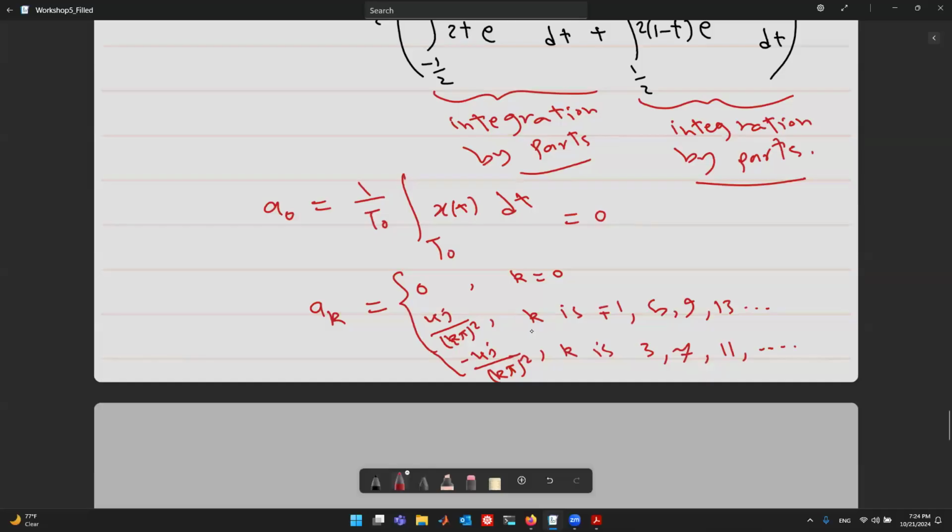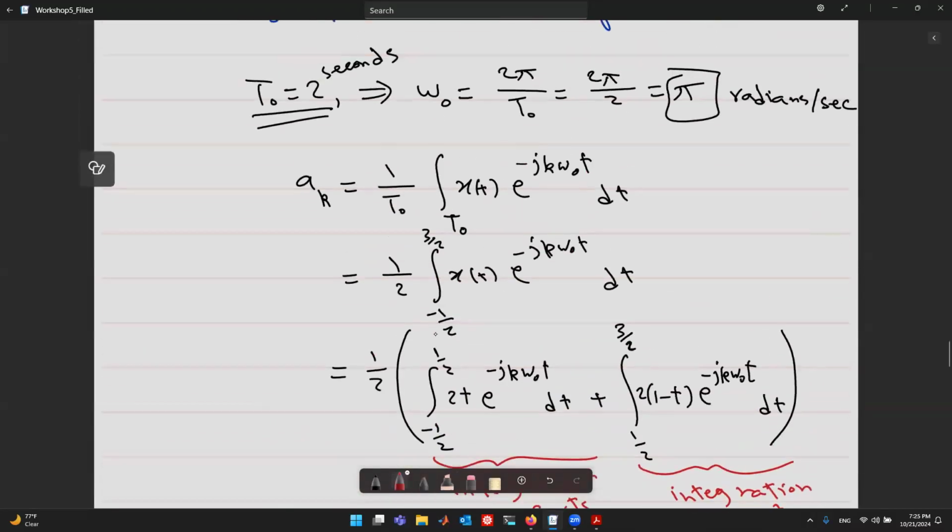So all of the coefficients are odd, but they are split over two. One of them is just the negative of the other.